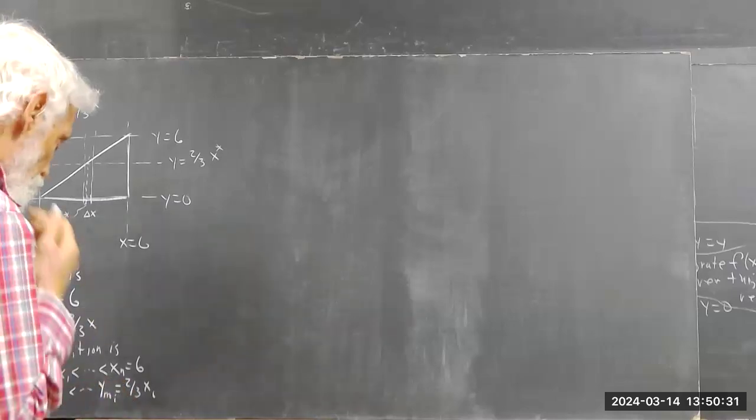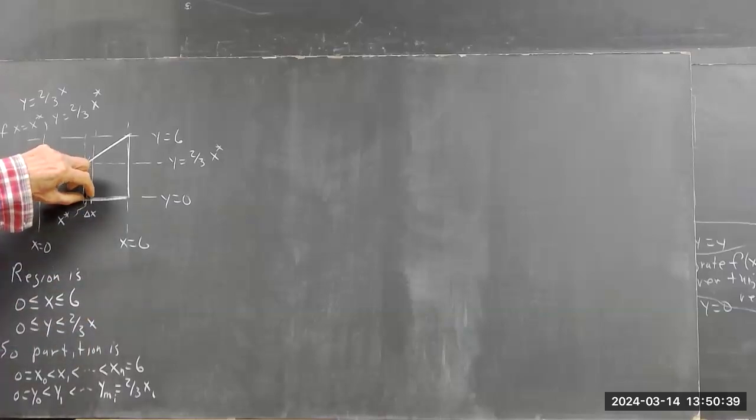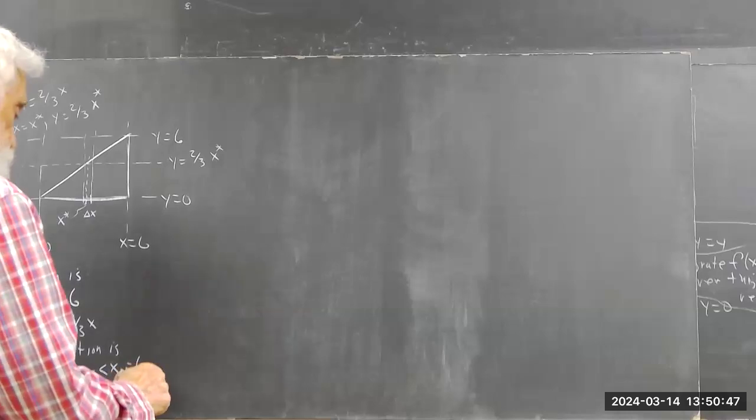On the ith interval, X goes from something to something here, and Y goes from 0 up to 2/3 of Xi star.